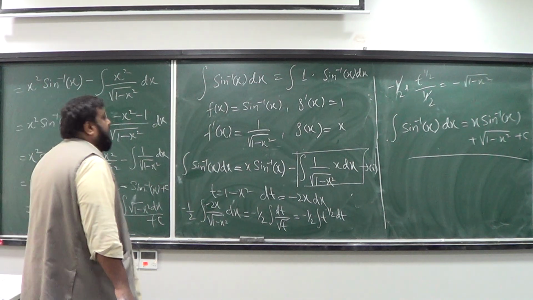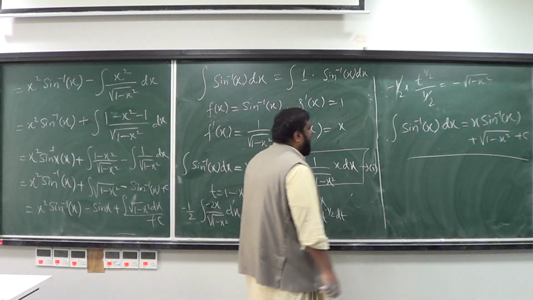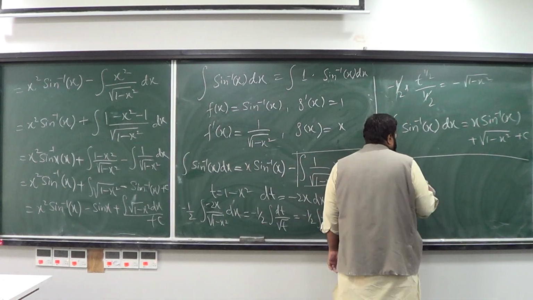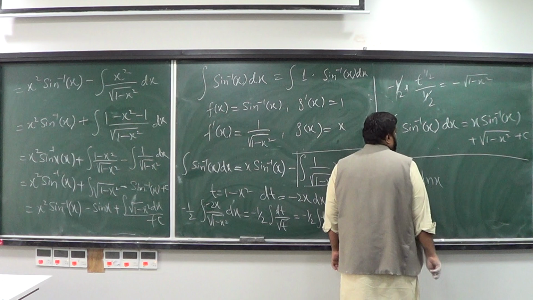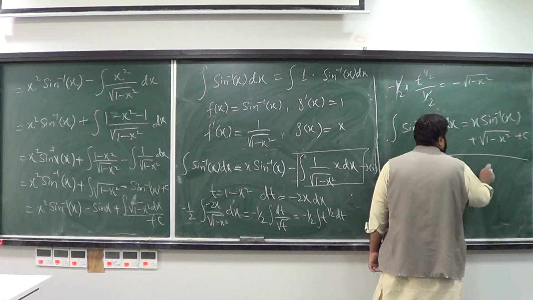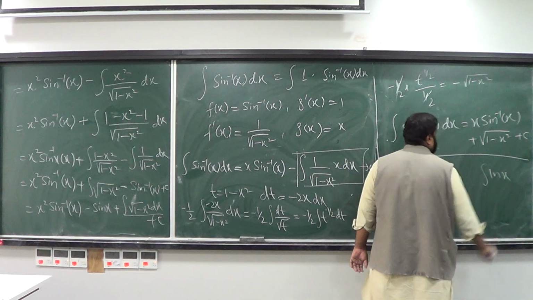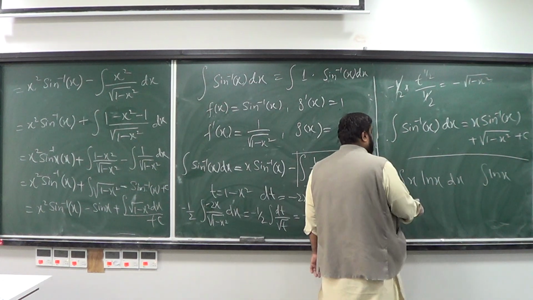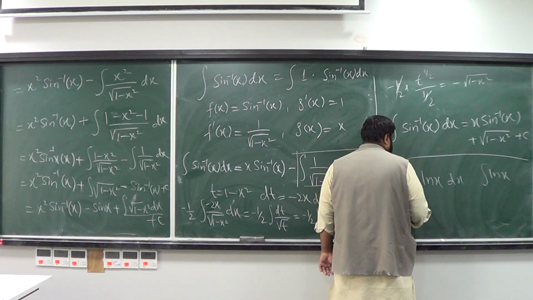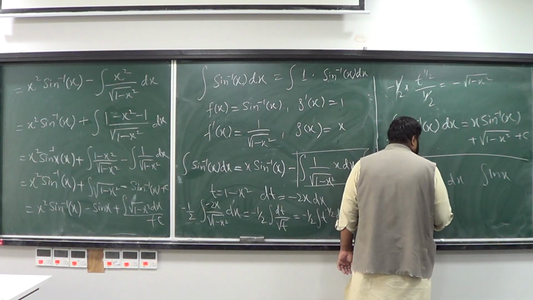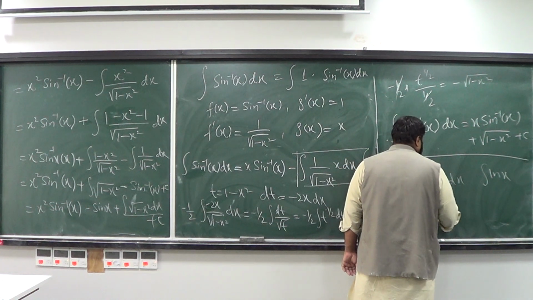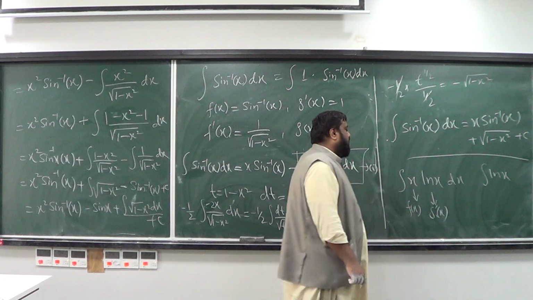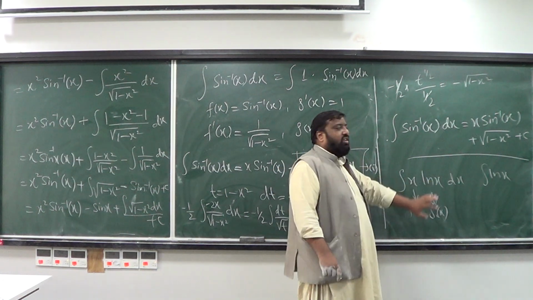You're going to have the same kind of trouble if you compute, for example, the integral of x log x or log x, because if I take this to be f of x and this to be g prime of x, then the trouble would be, what is the integral of log x actually?